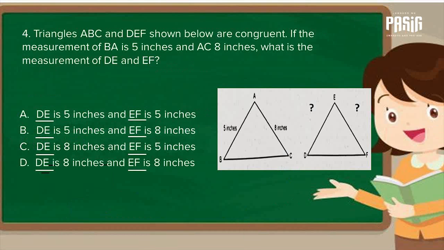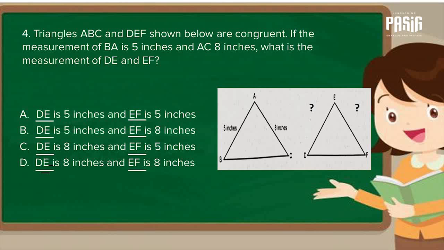Number 4. Triangles ABC and DEF shown below are congruent. If the measurement of BA is 5 inches and AC is 8 inches, what is the measurement of DE and EF? A. Line segment DE is 5 inches and line segment EF is 5 inches.